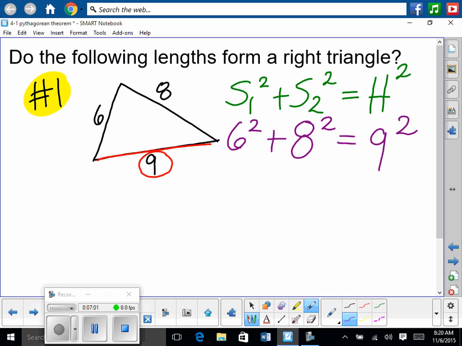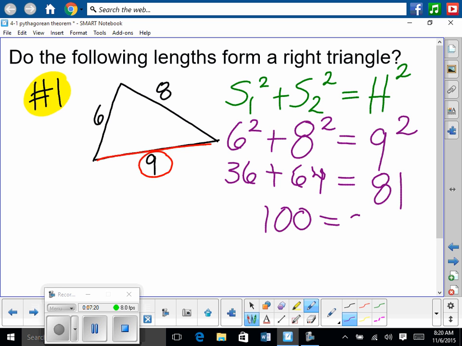So now you'll take your little calculator. You'll do 6 squared. I'm going to show my work. 6 squared is 36. So you have 36 plus 64. 8 squared is 64. That better be equal to 81. 9 squared is 81. 36 plus 64 is 100. So we have 100 is equal to 81. Is that a true statement?